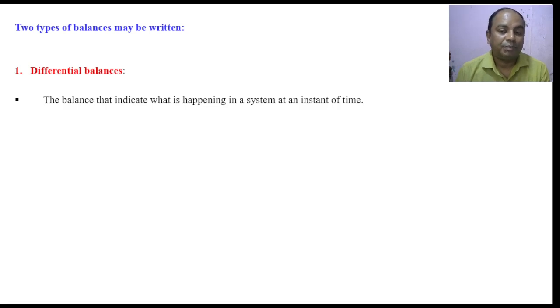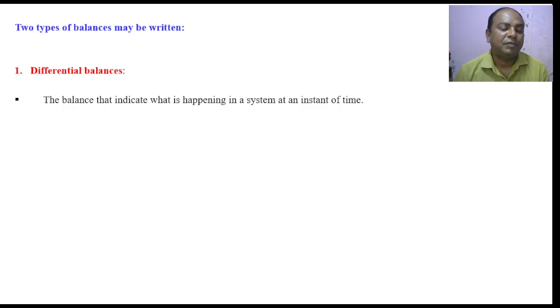So just look at it closely: what is exactly happening at an instant of time. An instant of time could be, suppose, seconds, minutes, hours. In any system in which a process is happening, you can see that at an instant of time changes are occurring in the system, or you can find the changes in the system at an instant of time.